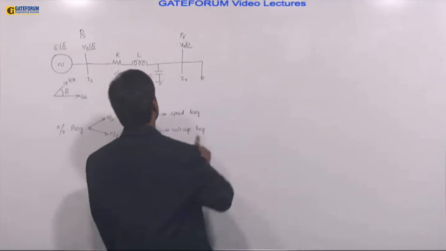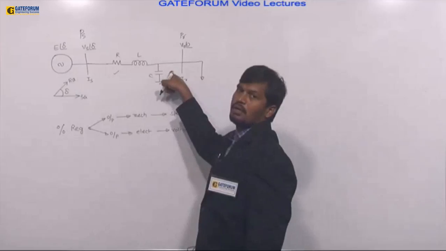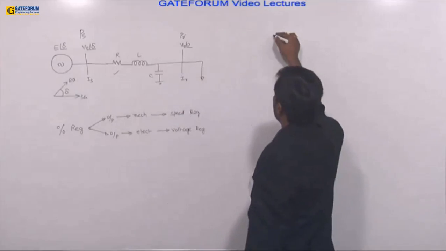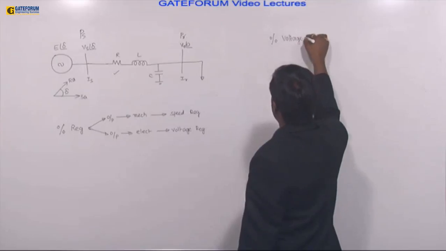Now, is a transmission line electrical equipment or mechanical equipment? Electrical equipment. Therefore, is transmission line performance calculated by voltage regulation or speed regulation?